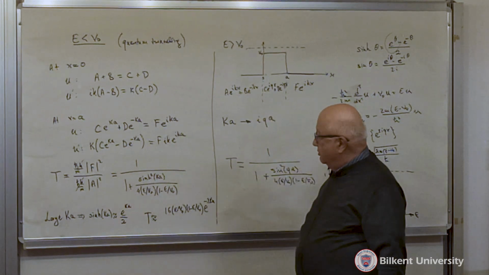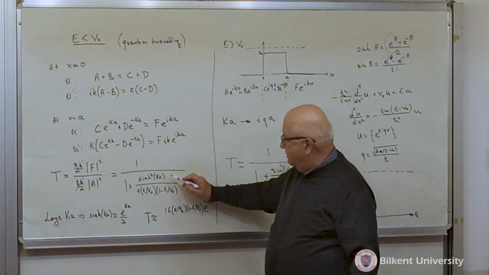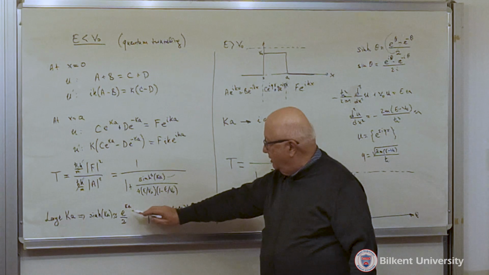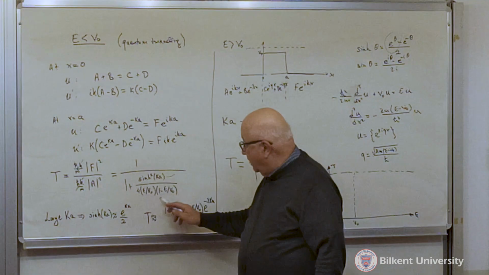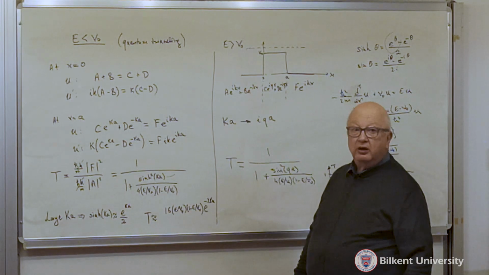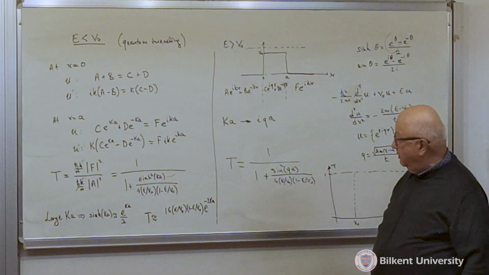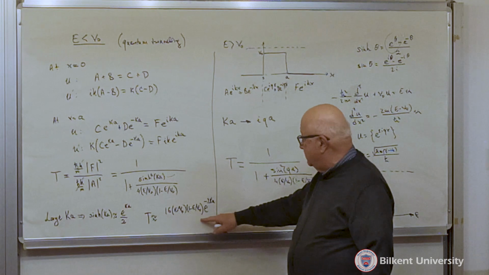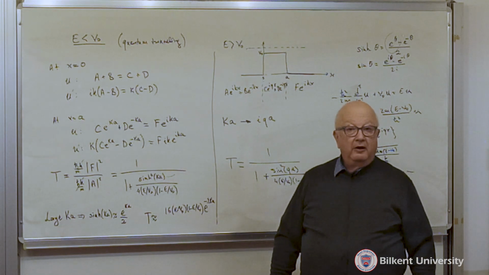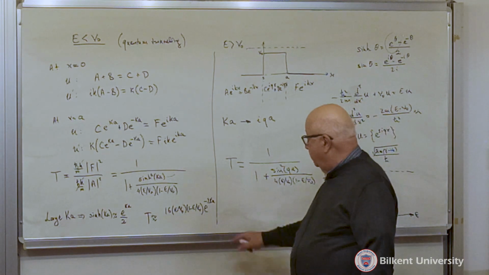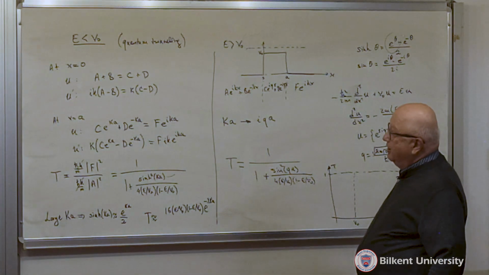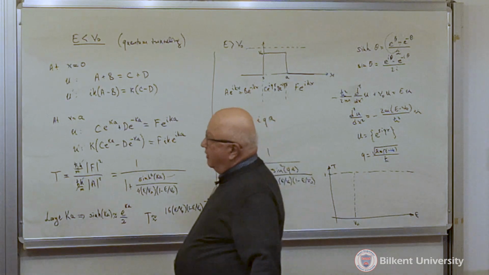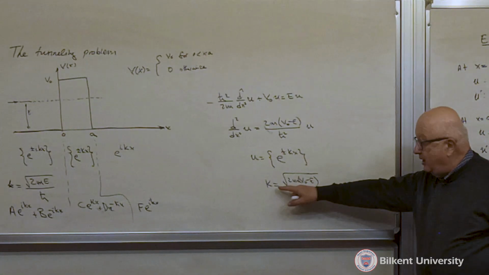So this term is going to be approximately e to the 2Ka over 4, and it will dominate over this term 1, so that 1 will be negligible, and what remains is going to be something like this. Okay, so for values of energy which are small, and when energy is small, k is large.